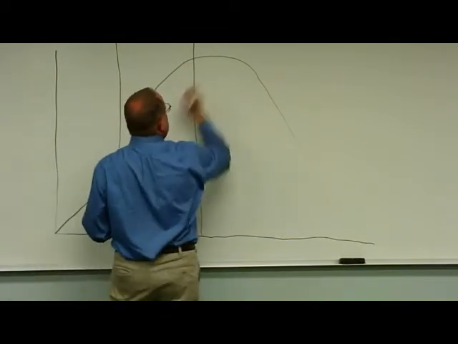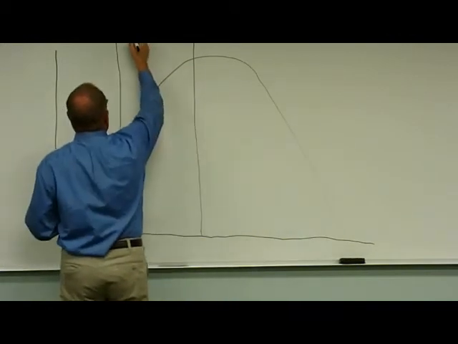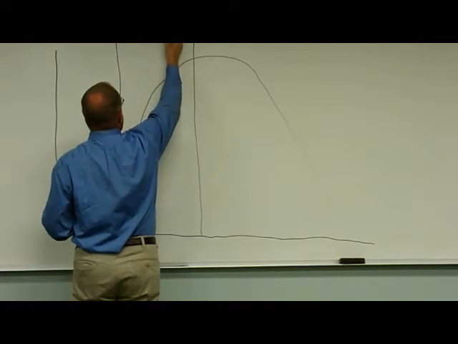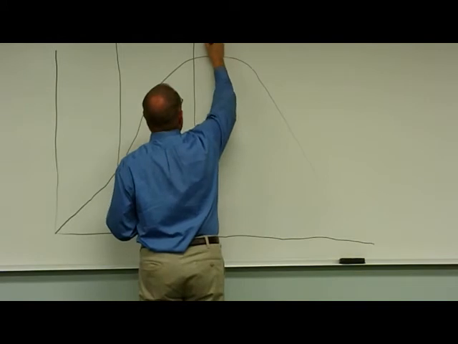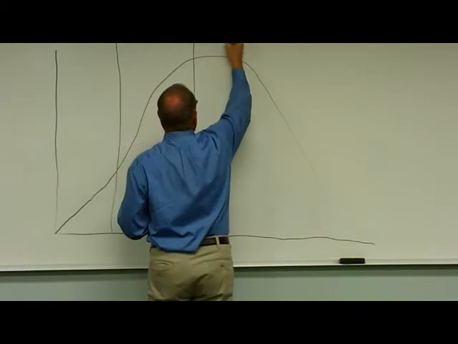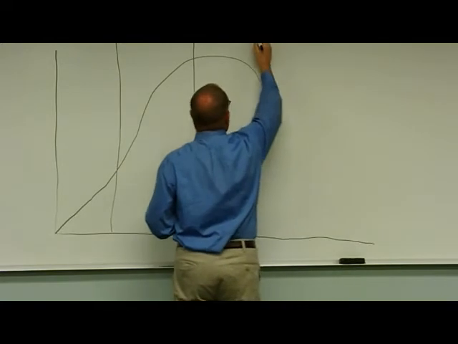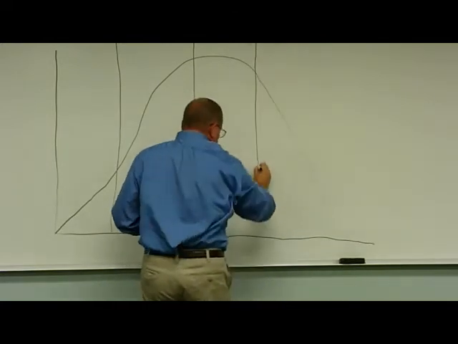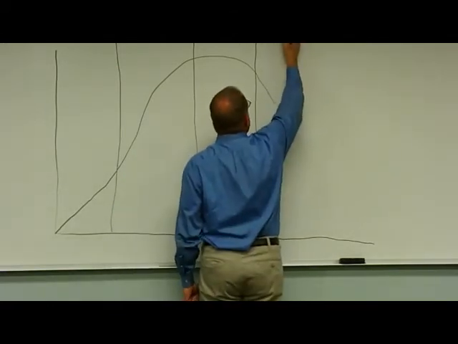And start to level off. Then that's the growth phase. And then we have the maturity phase. And the maturity phase is going to go until sales start to drop off. And then we're going to hit the decline phase.